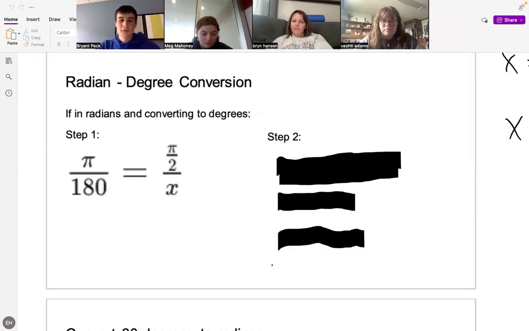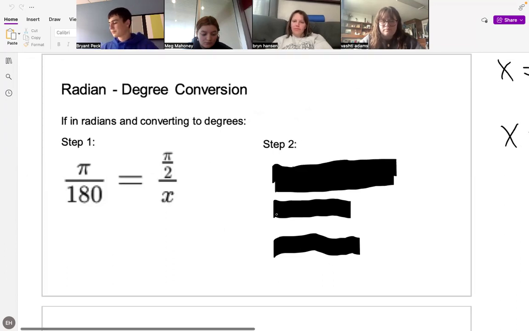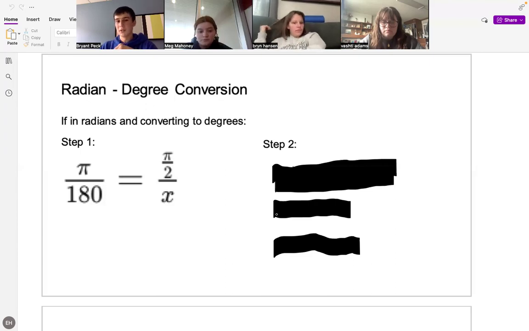Now, if we move to another example, how do you think we should start this? If we want to figure out what pi over 2 is equal to in degrees. I know we just did that, but this is just going to prove that we were right. So does anyone have any idea of how to start this process?